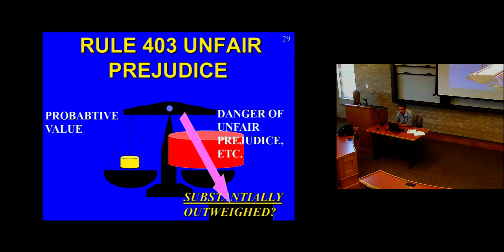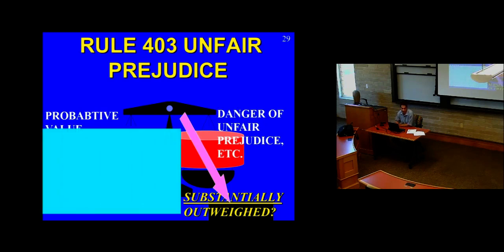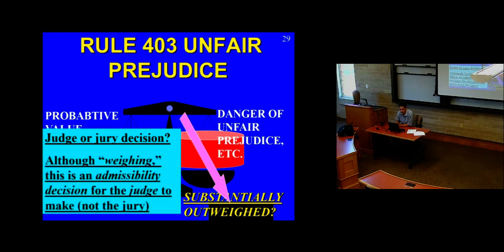All that the judge is doing is saying, does the probative value, is it substantially outweighed by the danger of unfair prejudice such that it should be held inadmissible? Okay, so that is a legal decision. So even though you may think that's a jury decision because there's weighing, this is not the ultimate weighing of trying to determine a verdict.